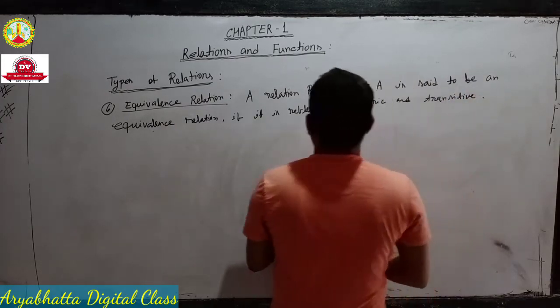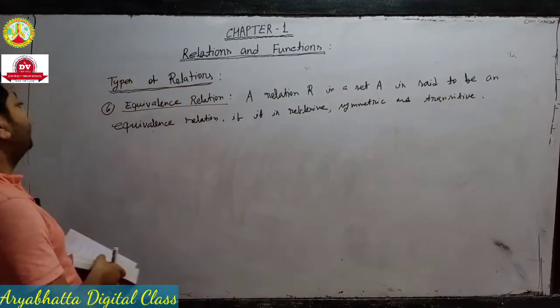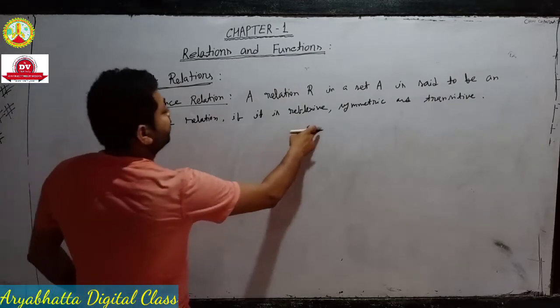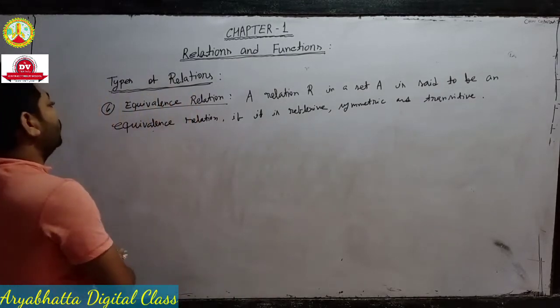Remember, a relation R in set A is said to be an equivalence relation if it is reflexive, symmetric and transitive. Then this relation is called an equivalence relation.